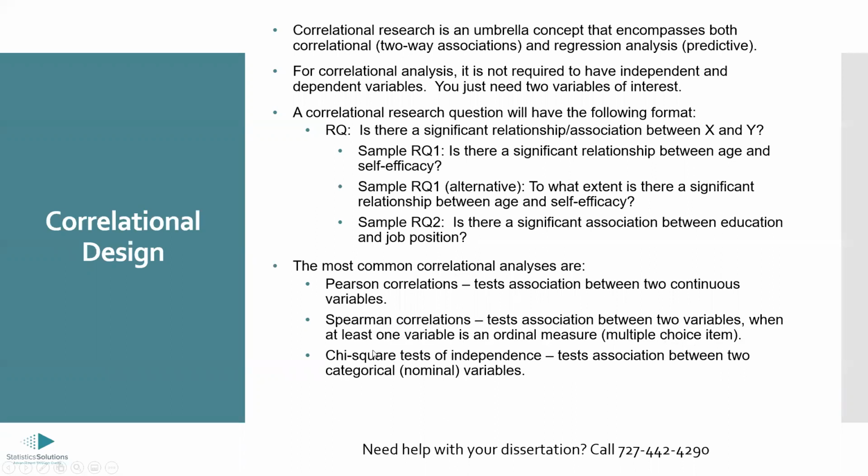And then you can run a chi-square test of independence if you're looking at the relationship between two categorical or nominal constructs. So something like if you're testing the relationship between gender and passing and failing of an exam, gender could be male, female, and passing an exam could be yes or no. So you have two categorical factors. You could use a chi-square test right here.